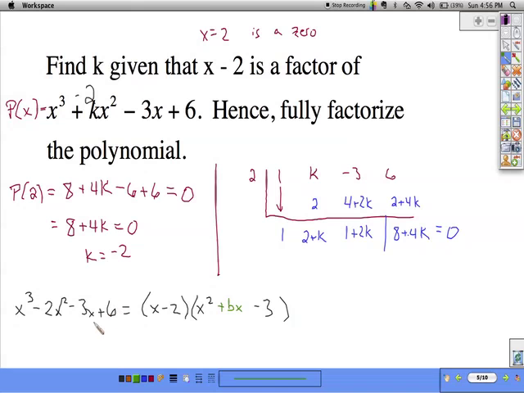I'm going to equate coefficients. Start with the x squareds. The x squared coefficients are going to come from here and there.